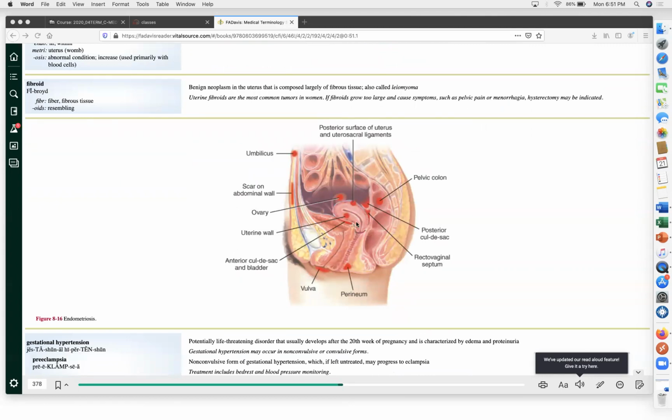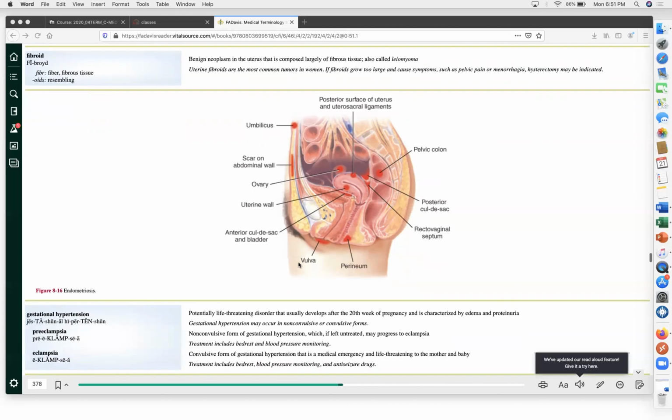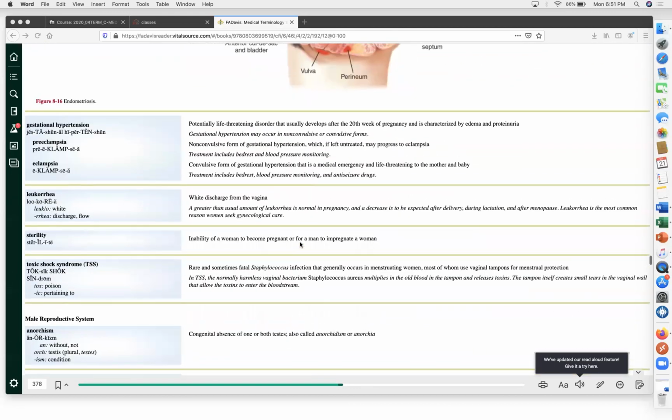Then mommy has baby. Then afterwards, we'll do a tubal ligation if mommy wants, because you can see that this space has to be nice and open for baby to grow. And if there's other things in its way, like a fibroid or another kind of growth, that's never a good thing.